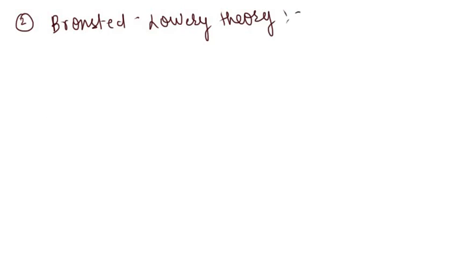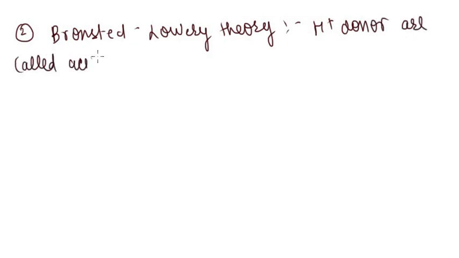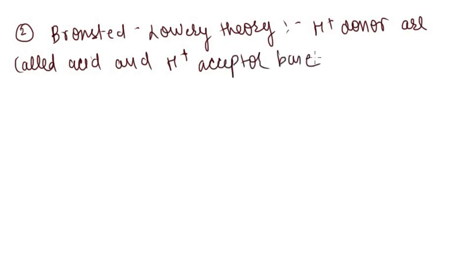According to the scientists Bronsted and Lowry, the substances which are H plus donors are called acids, and H plus acceptors are called bases. H plus donors are acids and H plus acceptors are bases.